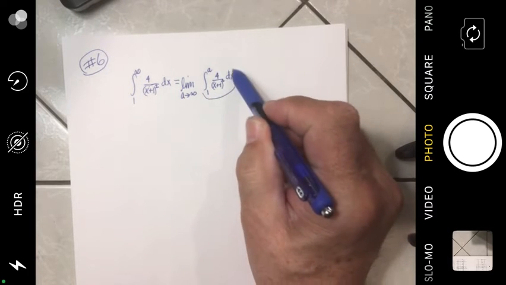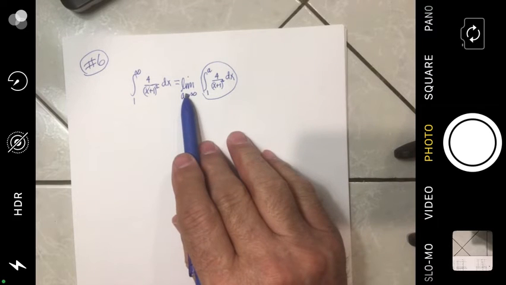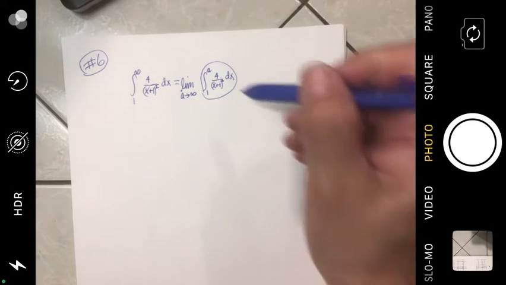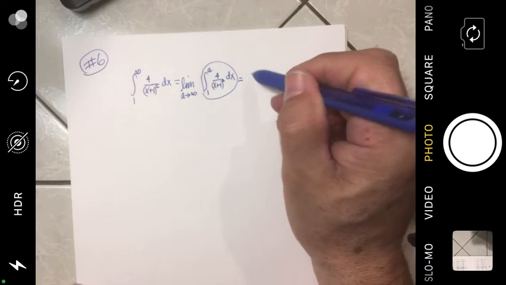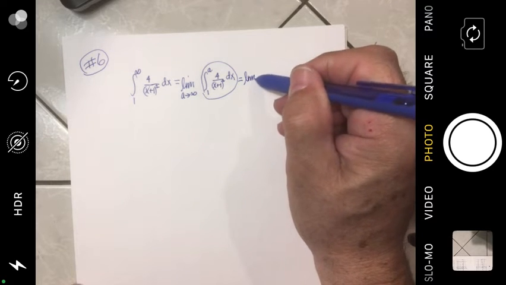Now what we want to do is work this out. Some of you are not very good at keeping this limit thing in here, so I'll show you how you can handle that.